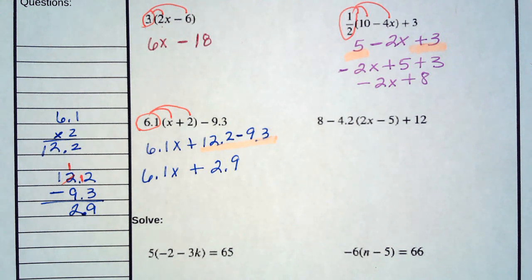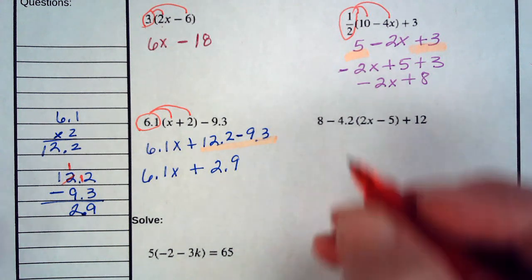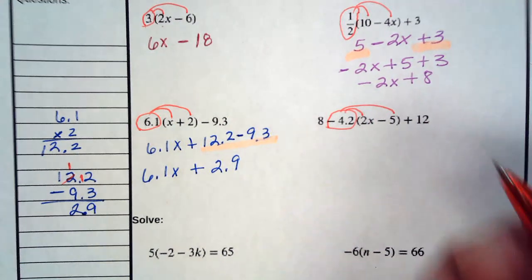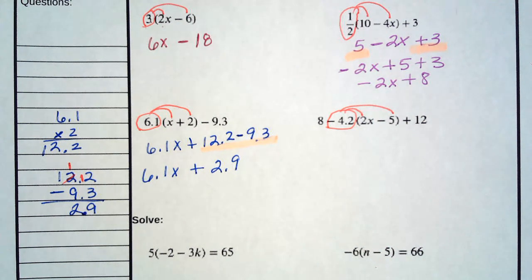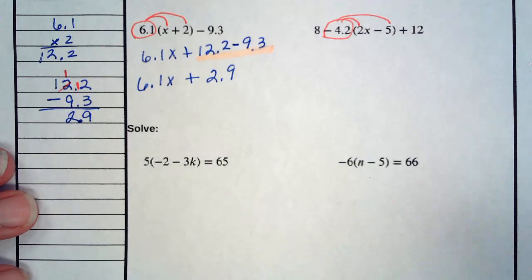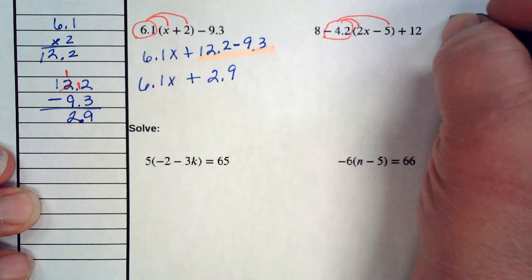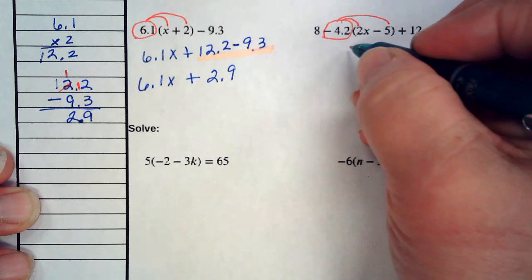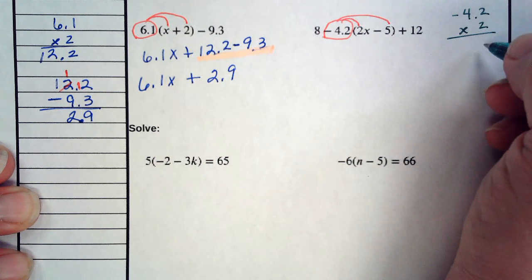Okay, take a minute and look at what we're distributing on the next one. It's actually going to be a negative 4.2. So as I'm looking at this, I've got negative 4.2 times 2, because it's 2x. 2 times 2 is 4.